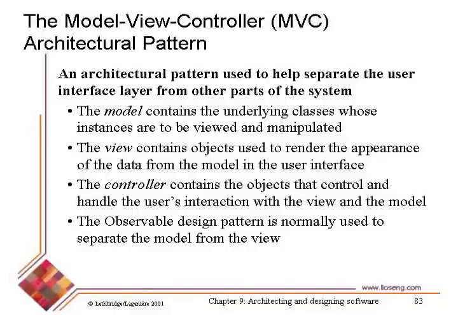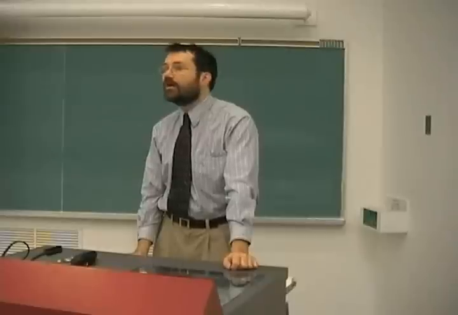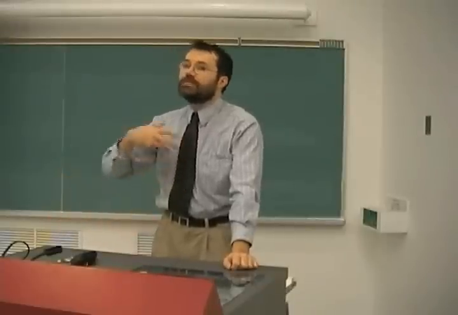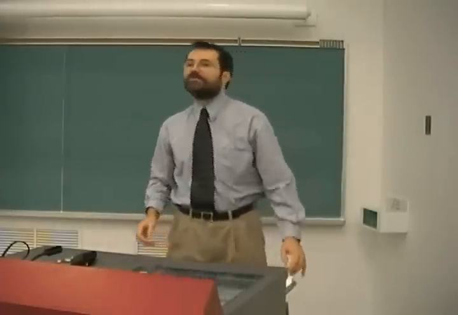So we're separating the decisions about what to display on the screen from the decisions about what to do when we get user input from mouse clicks and typing and things like that. That's the model view controller pattern, and it uses the observer design pattern internally to manage some of the work, in particular making sure that the model and the view are separated from each other.